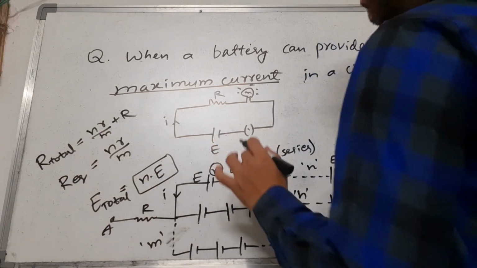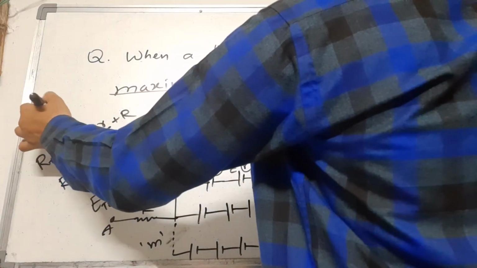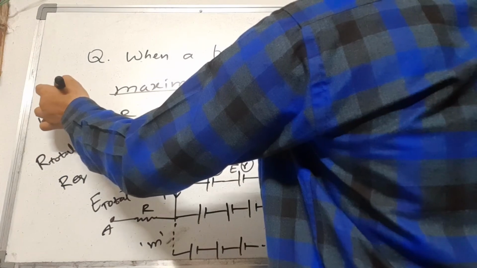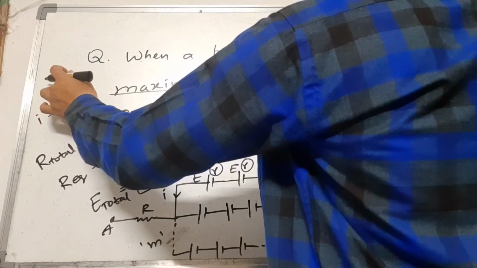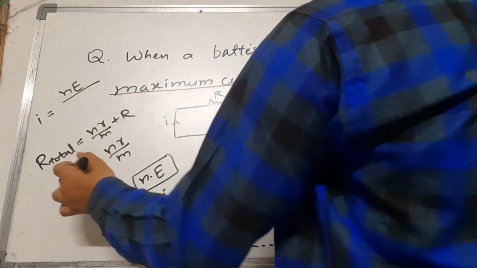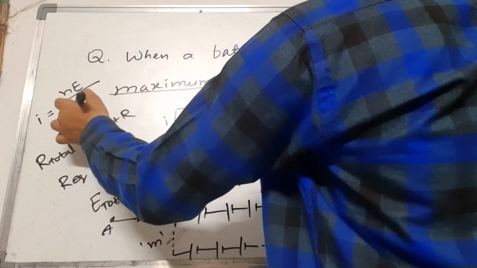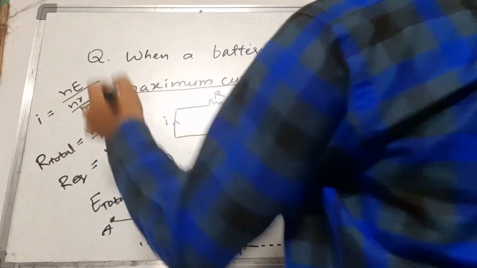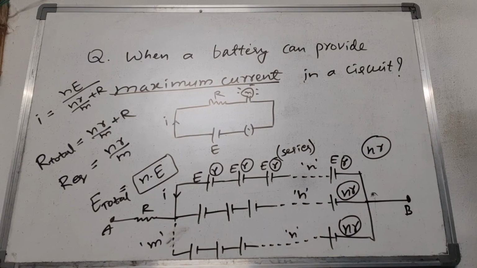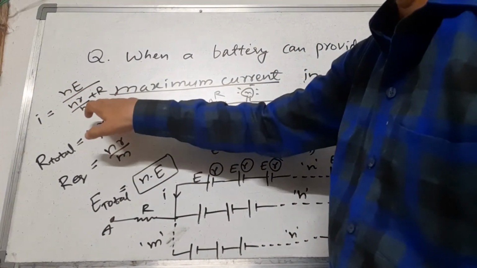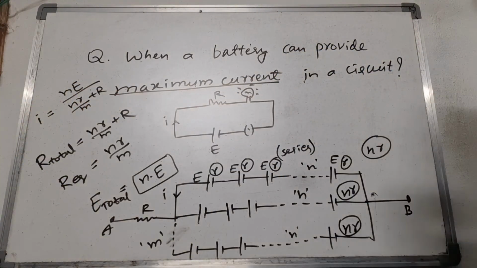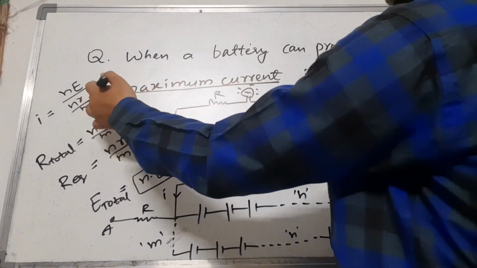This is the total resistance. This is the total EMF. Now calculate total current is equal to total EMF, that is N into E, by total resistance, NR by M plus R. Total EMF by total resistance is total current. Okay, we got total current. Now you take LCM of this one.